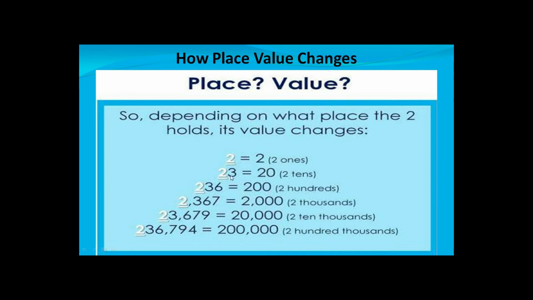Then 23. Now you put 3 on the right side. If you put 3 on the right side, 2 will move from ones to tens place. Can you see over here? First you have seen that 2 was at this place.